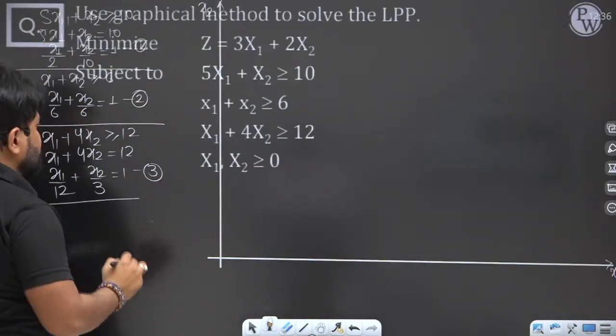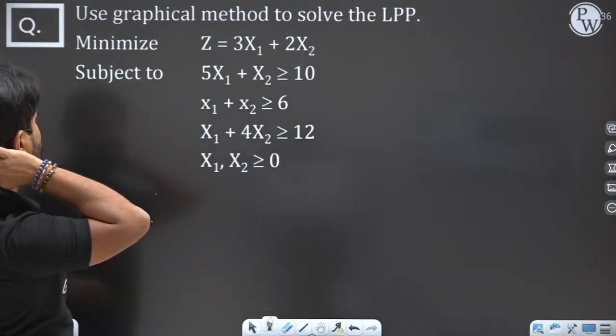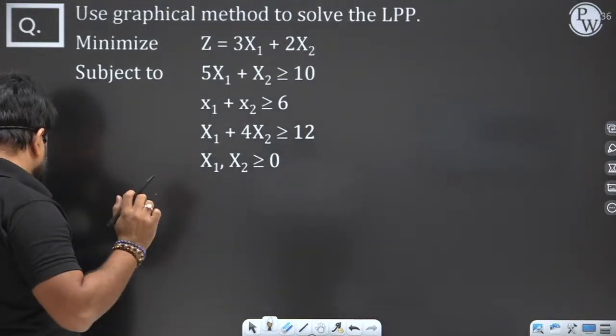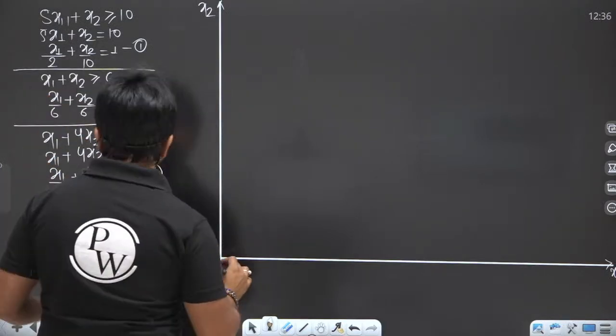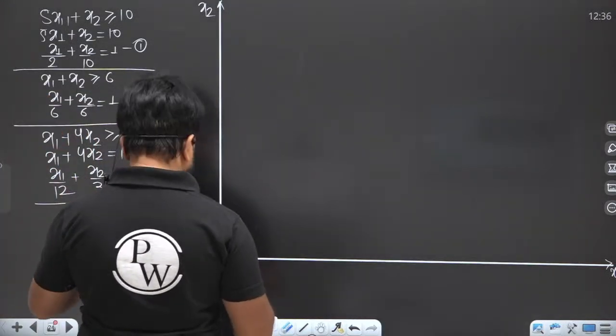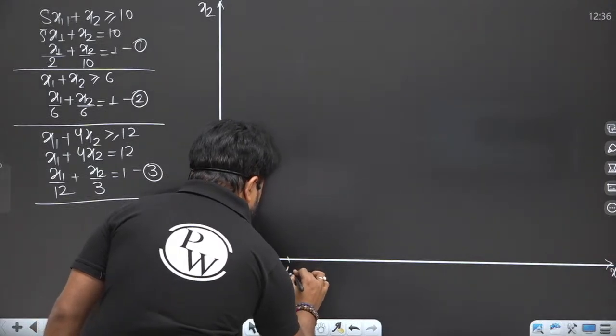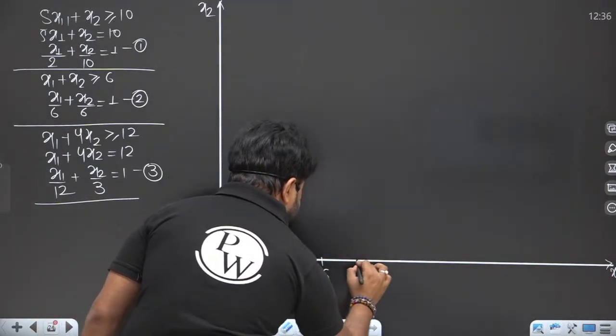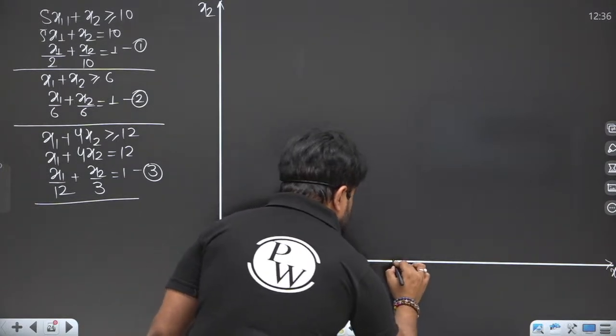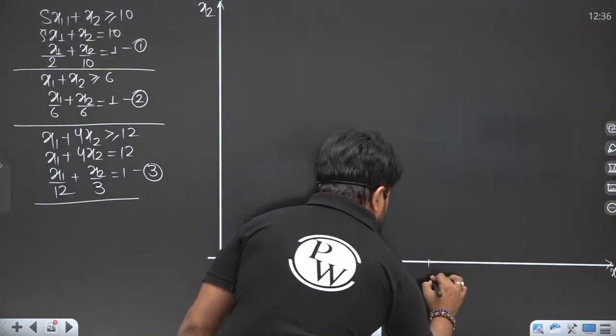Is any equation left? 1, 2, 3. Yeah. See, 2, 2, 10, 6 and 12. Okay. So 2, 4, 6, 8, 10 and 12.